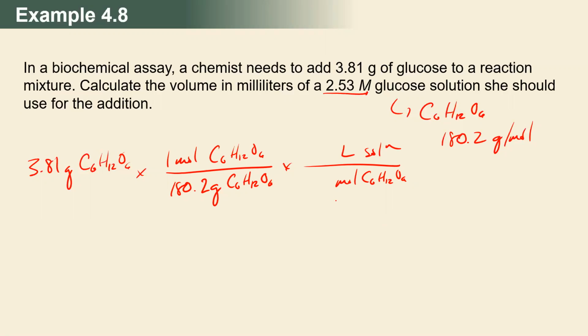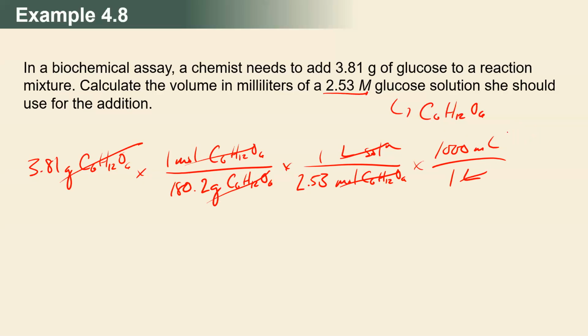On the top or on the bottom? Bottom. Yep. 2.53 moles for every 1 liter. Now it asks for it in milliliters, so we've got to take one extra step. There's 1,000 milliliters in a liter, right? So grams cancel, moles cancel, liters cancel, and we're left with milliliters.